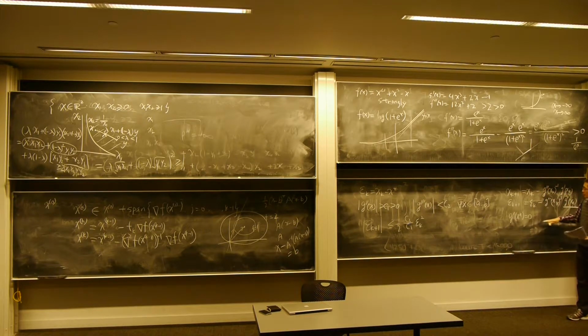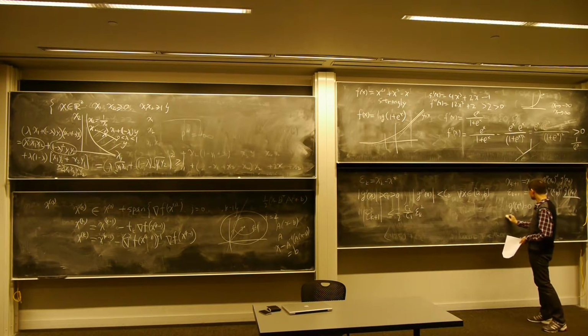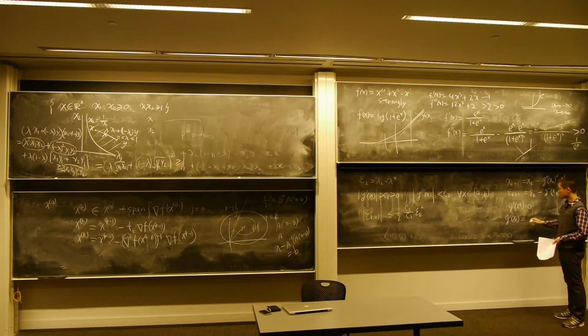And by the way, this is also worth 3 points, I guess. Okay. We know G prime of x star is 0, but we don't know G prime of xk. So the natural thing we can do is to approximate G prime xk from G prime x star. And that's exactly what we do. We write out the Taylor expansion of G prime xk around G prime x star.